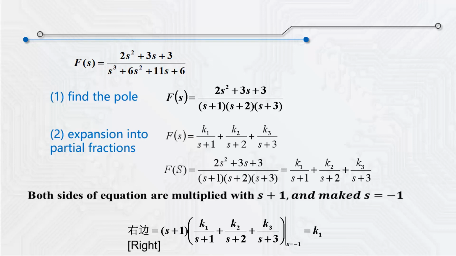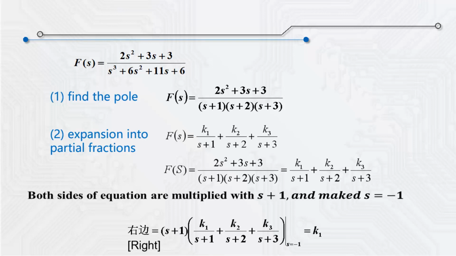The key step is how to solve k1, k2, and k3. So how do you solve k1? We will get the following step. The way of solving k1 is to multiply both sides of the equation by (s plus 1) at the same time, making s equal to minus 1.